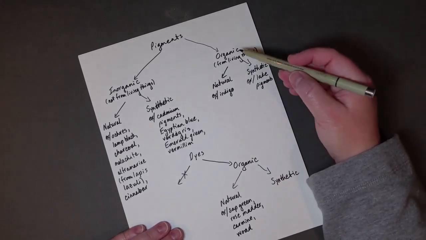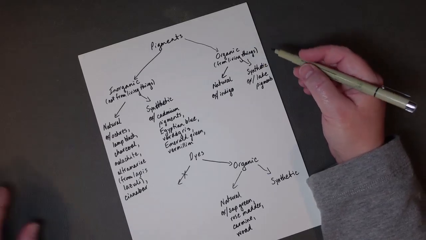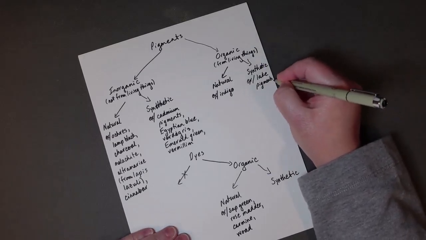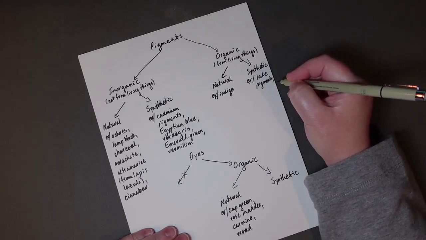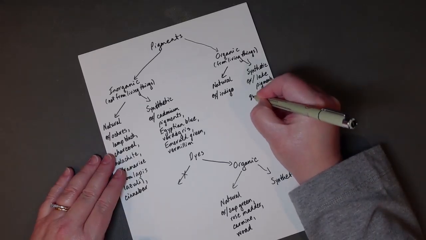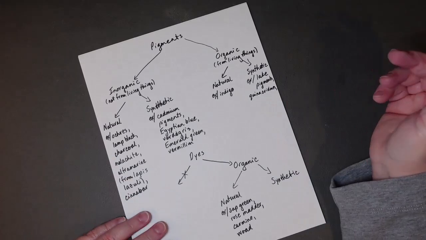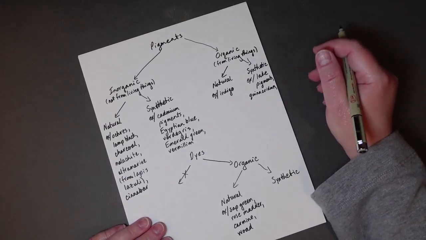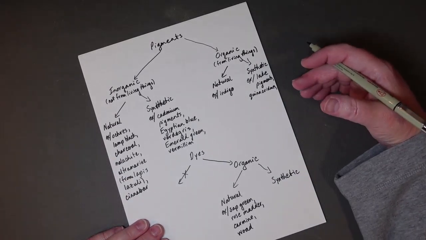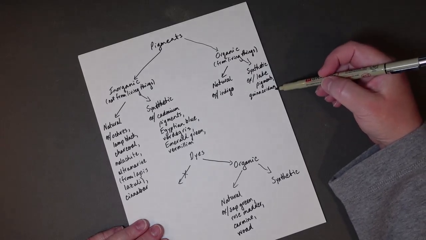what are some synthetic organic pigments? Well, here's where we get into modern chemistry. So things like quinacridones, right? We see, that's hard to say, quinacridone pink, quinacridone purple, quinacridone violet. That's modern chemistry.